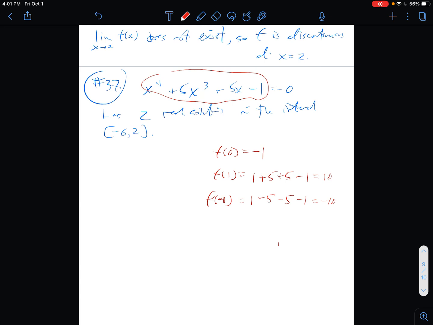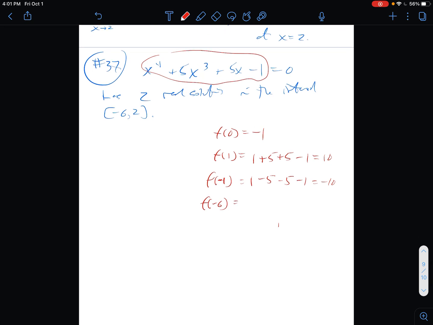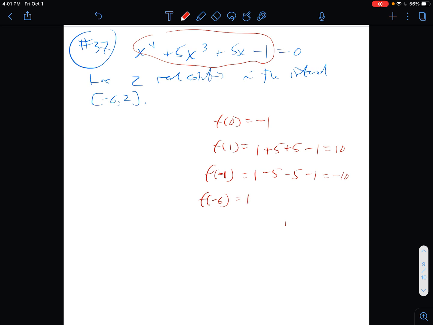What is, say, f of, maybe let's just do -6. I promise you I won't make you play around with all this guess and check on an actual test problem when the clock is ticking. So if I plug in -6, that's -6 to the 4th power, which is 1296. And then that would be minus 5 times 216, which would be -580.